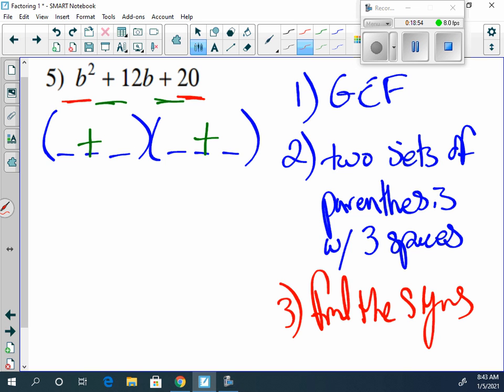Now, b squared. The factors of b squared, the terms that multiply together to give me b squared, are, well, what? B and b. Because the only two things that multiply together to give me b squared are b and b. Those are the only factors of b squared. But we need to find the factors of 20.